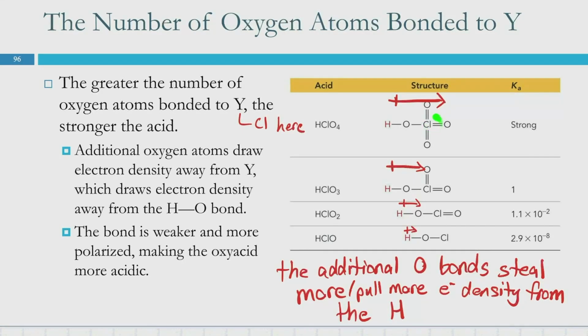Because this chlorine in the middle has more of its electrons pulled away from it, rather than sitting on it as lone pairs.